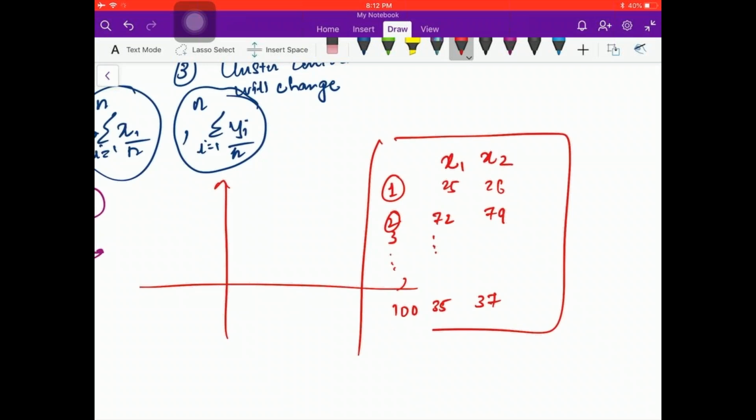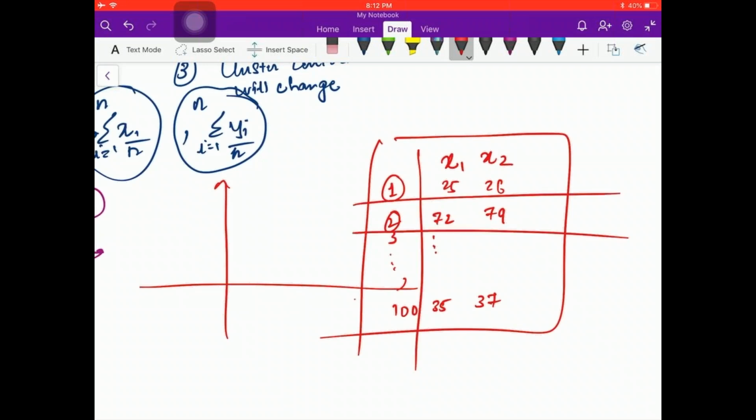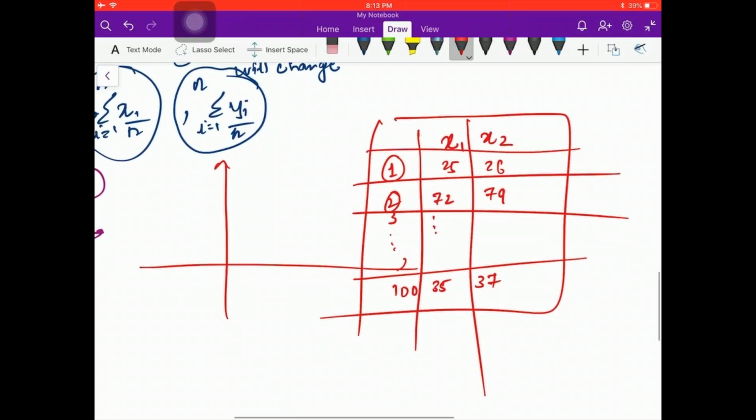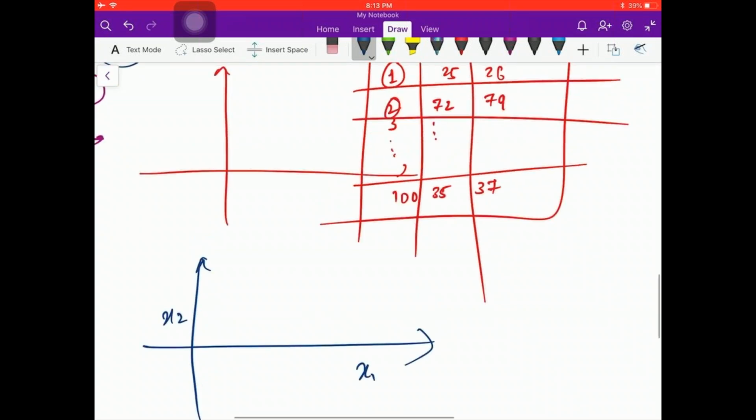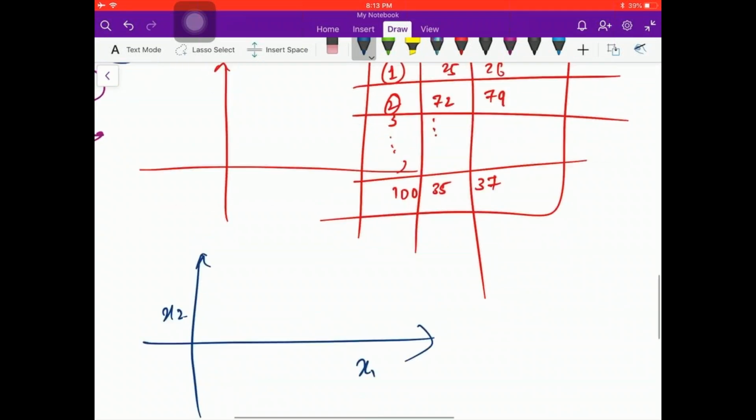This is your data set, okay? Simple data set, nothing complex, right? A simple data set having 2 predictors and 100 data points, right? Now I tell you to plot these data points. What will you do? You will take the x1 here, x2 here, and you'll plot 100 data points, right?